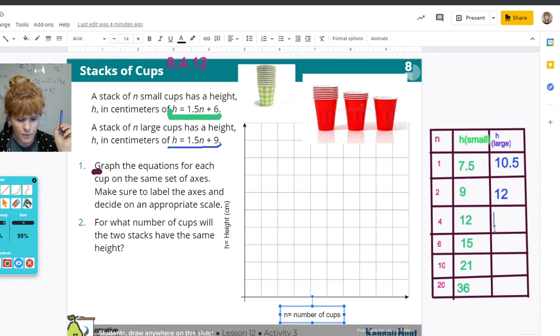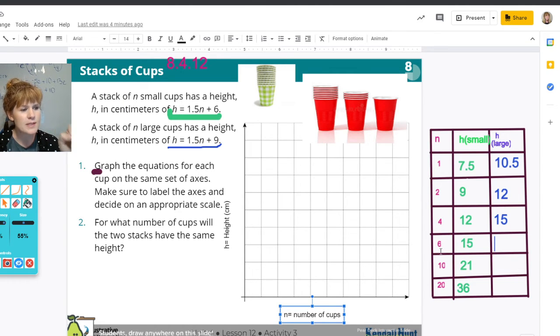If you have 4 cups stacked on top, then 1.5 times 4 is 6. So 6 plus 9 is 15. Do you see the pattern? It's always 3 centimeters more than the small cups. Look at the next one.